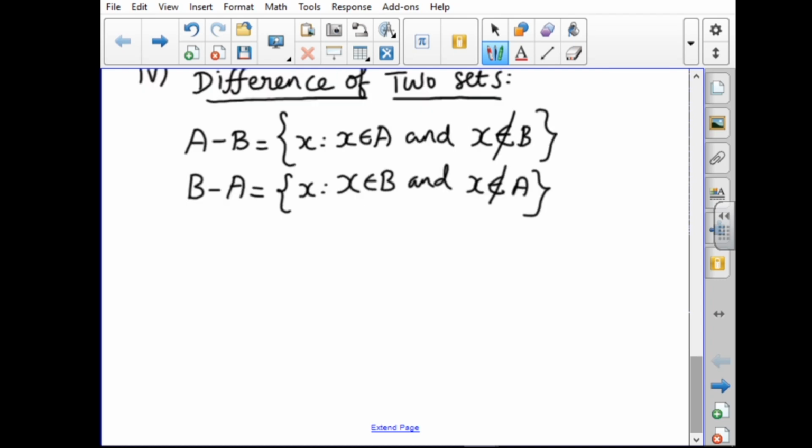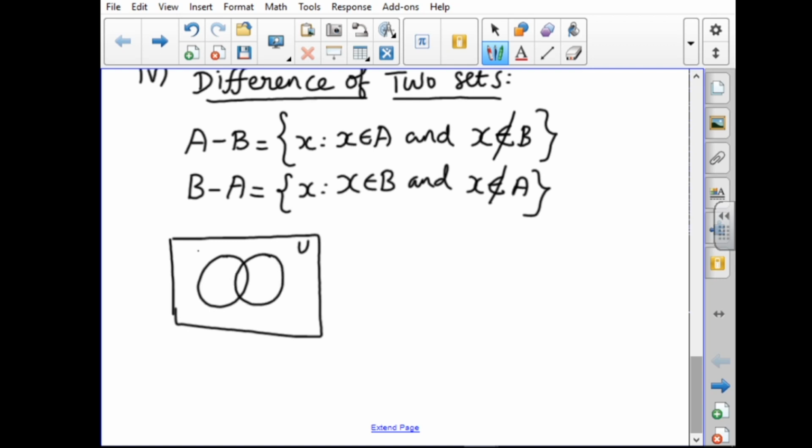In Venn diagram, universal set. Again we are taking the overlapping sets A and B. This is A minus B, that means the set of all elements in A but not in B, so in A set except the B space.